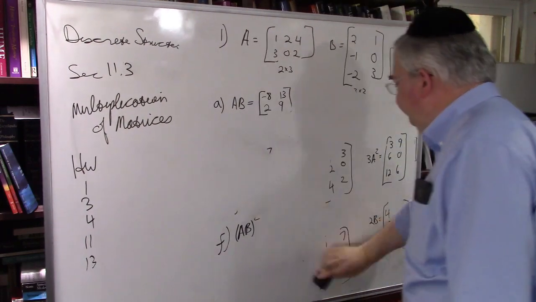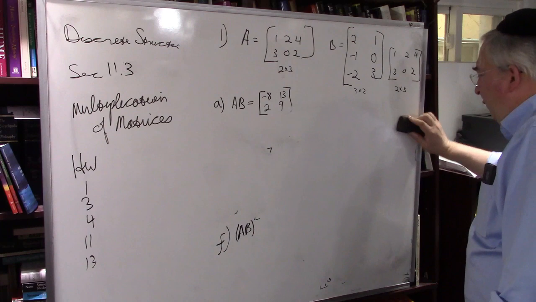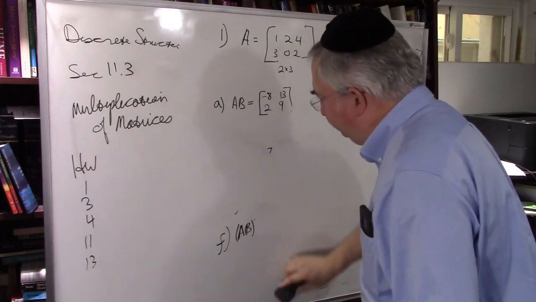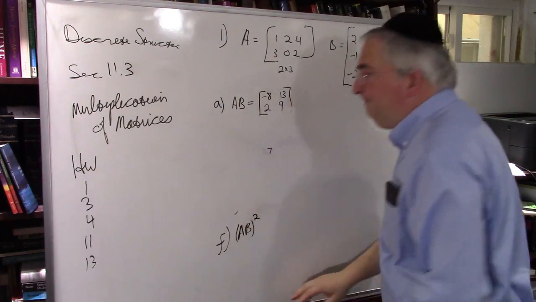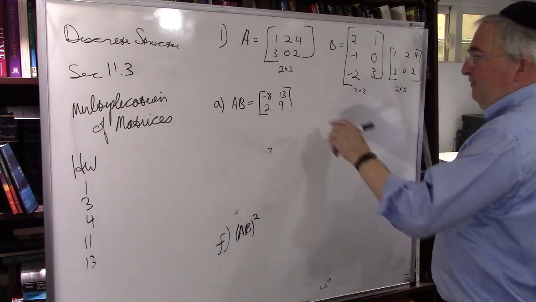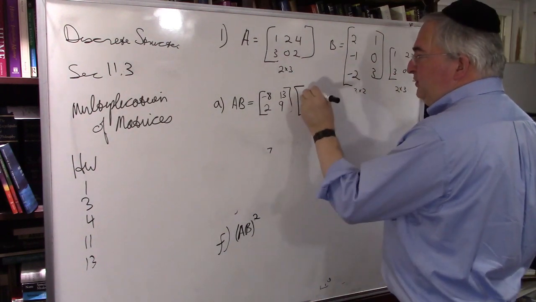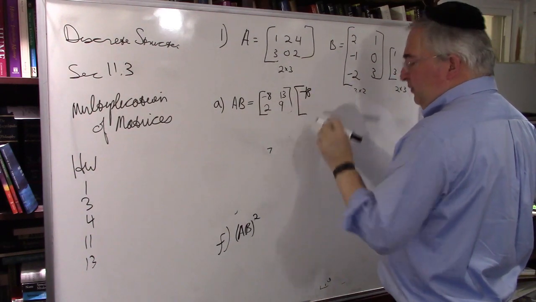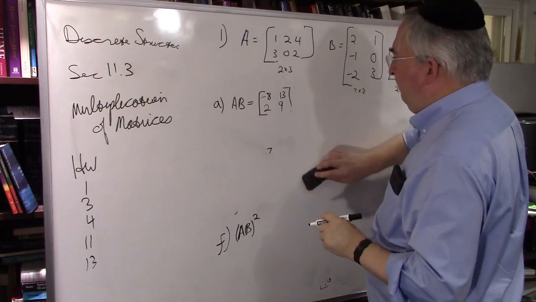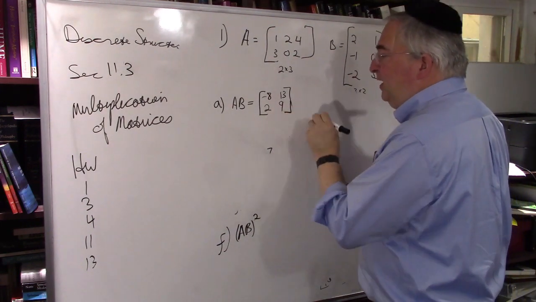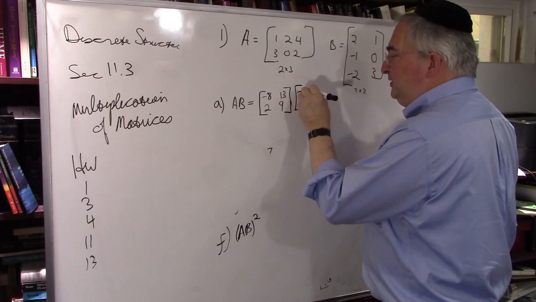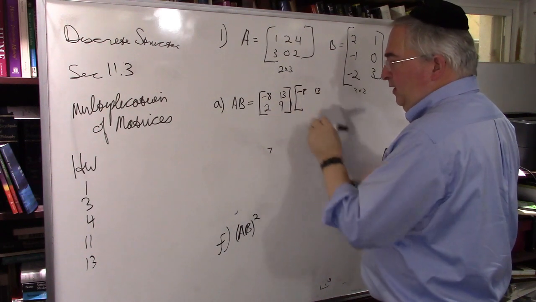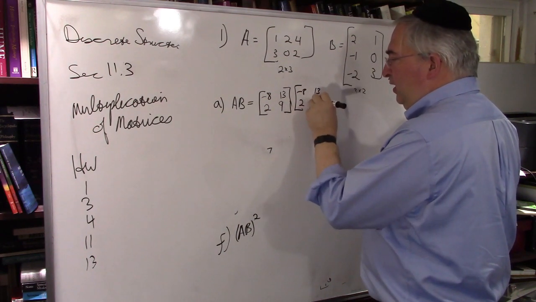Next. Okay. We have AB. Now we want AB squared. So it's minus 8. Whoops. So we have to multiply AB times AB. So this is minus 8, 13, 2, 9.